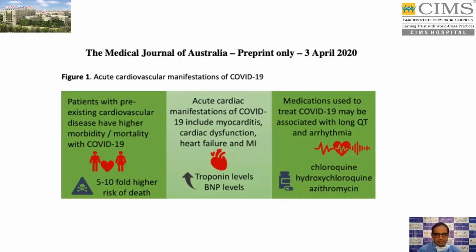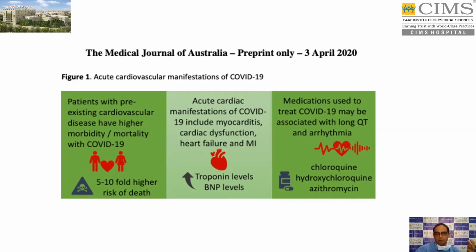So patients with pre-existing cardiovascular disease have higher morbidity and mortality, almost 5 to 10 times higher. The cardiovascular manifestations are myocarditis, cardiac dysfunction, acute LV dysfunction, myocardial infarction mostly with normal coronary arteries, and any patient who presents with elevated troponin, BNP, or D-dimer levels is at very high risk.